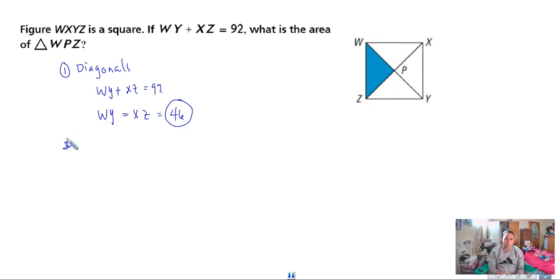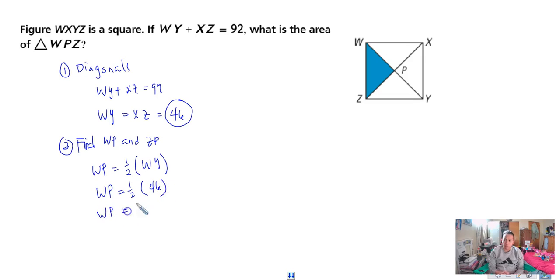Now we have to solve for WP and ZP, because we are looking at the area of this one. WP is equal to 1/2 of WY, which is 46.